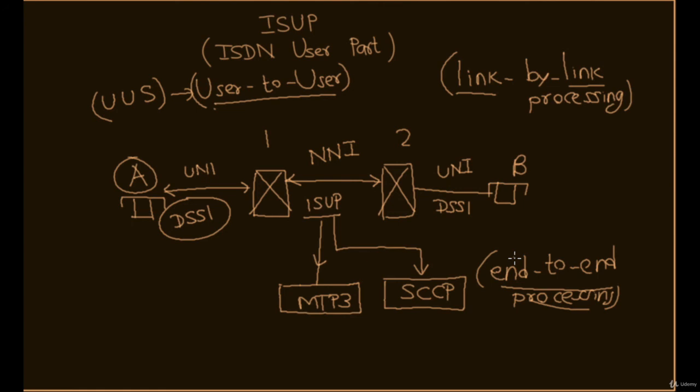And there are other examples also for this end-to-end processing. As we go along with each type of message in ISUP, they will come up. For the time being, let's just understand that there are two kinds of processing in the ISUP procedures: one is link by link processing, another is end-to-end processing.